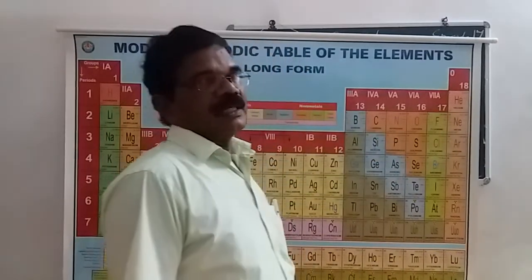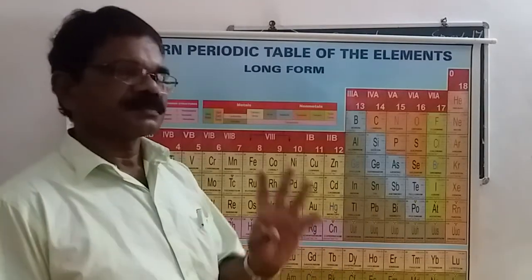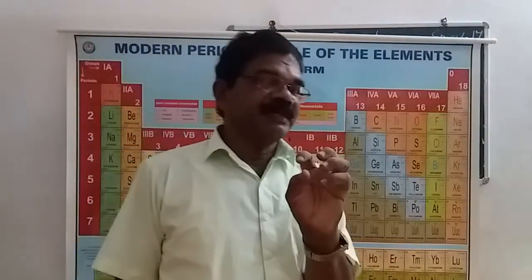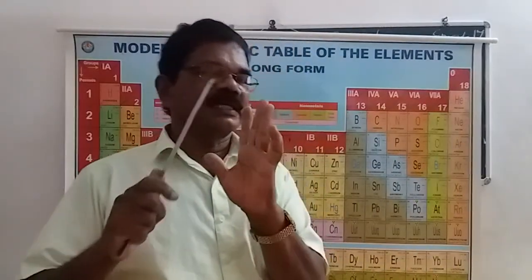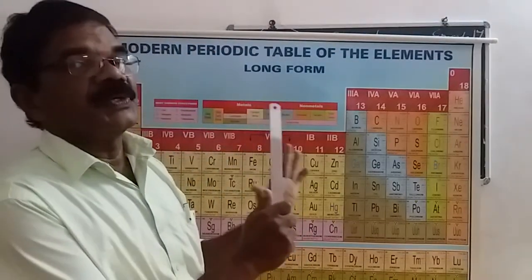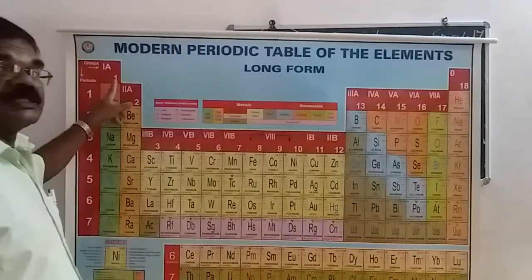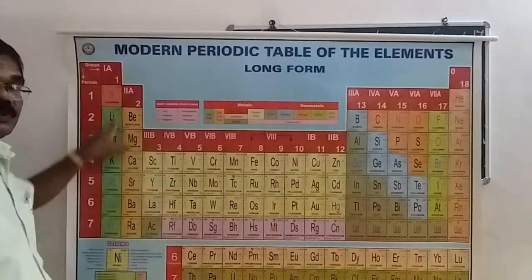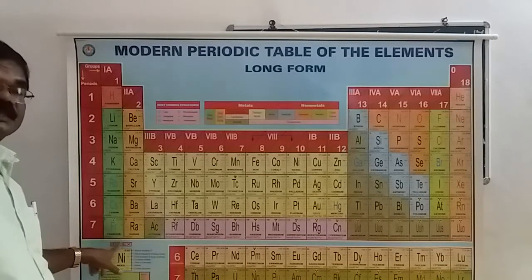Then compare electropositivity and electronegativity. Electropositivity is the metallic character and electronegativity is the non-metallic character. Electropositivity is the tendency to lose electrons. Electronegativity is the tendency to attract electrons. Electropositivity increases when the size increases.